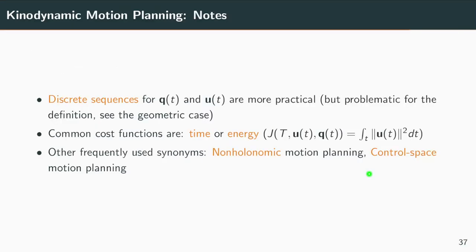Okay, then also some notes about that. Like in the geometric case, it is more practical to actually use these discrete sequences instead of this analytical function, q of t. The most common cost functions here would be either time or energy.